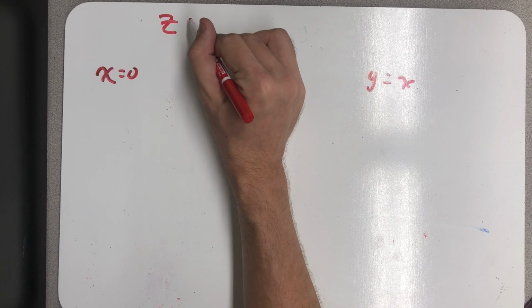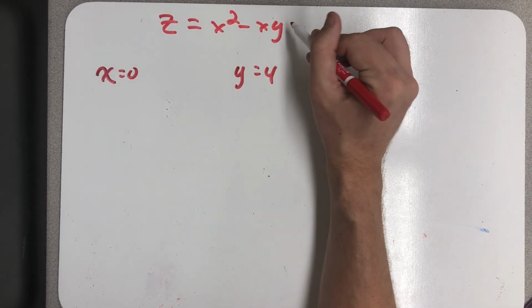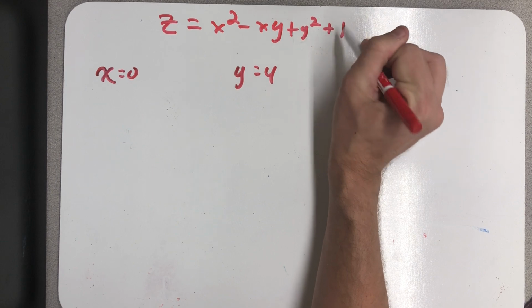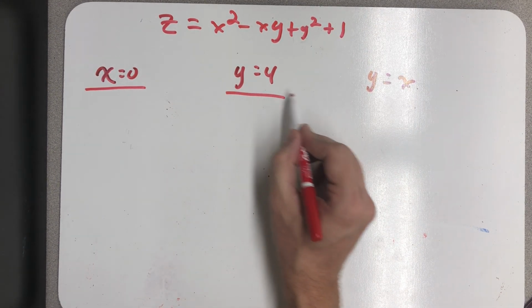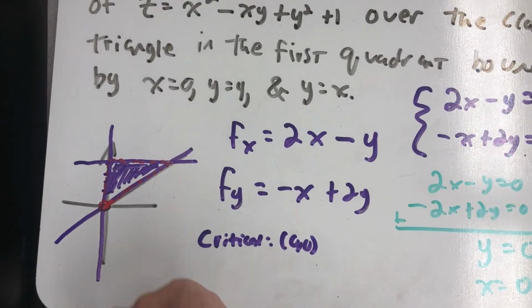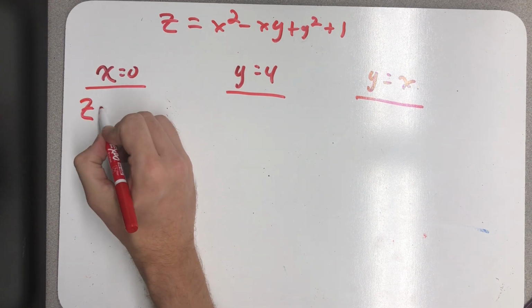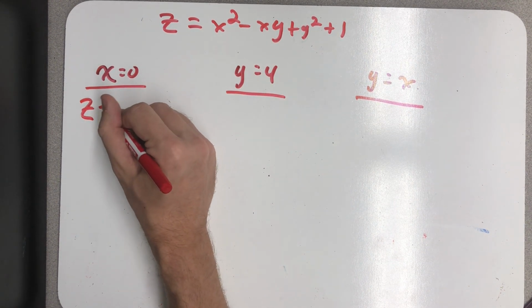My original function, z is equal to x squared minus xy plus y squared plus 1. Well, if I'm only considering the path x equal 0, the y-axis, that means z would be equal to y squared plus 1.